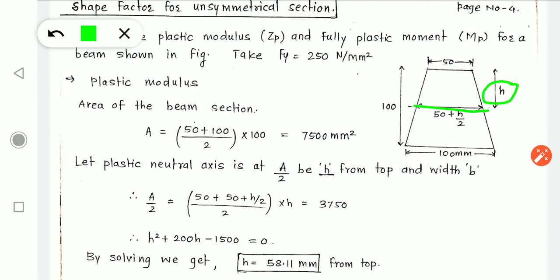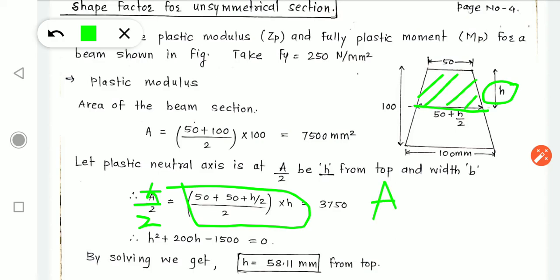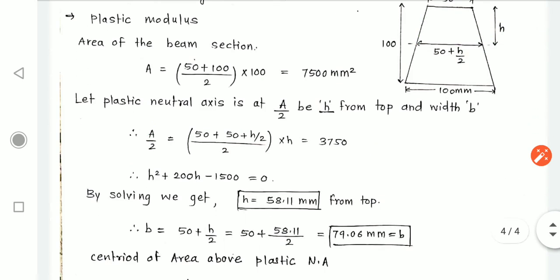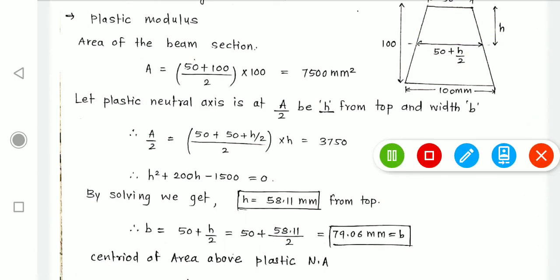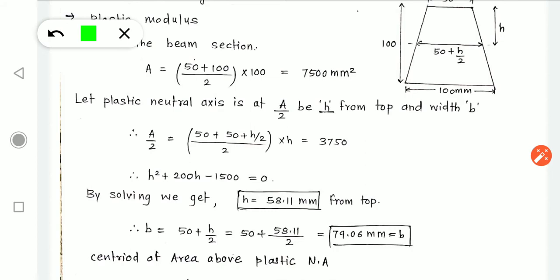Put that b in terms of h and equate half the area, A by 2, to this area. How to take the area of this? Again by taking the help of the area of a trapezoid. So 50 at top and 50 plus h by 2 at bottom, divided by 2, into h distance.